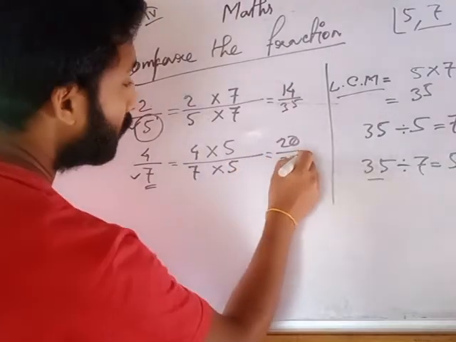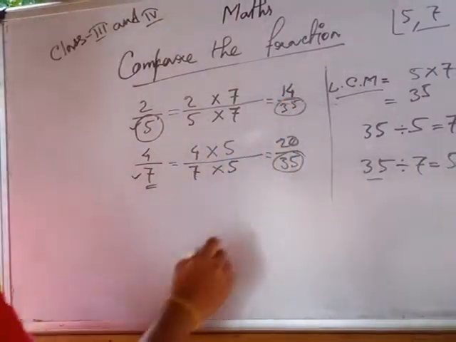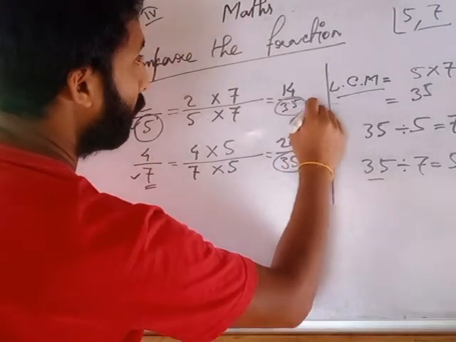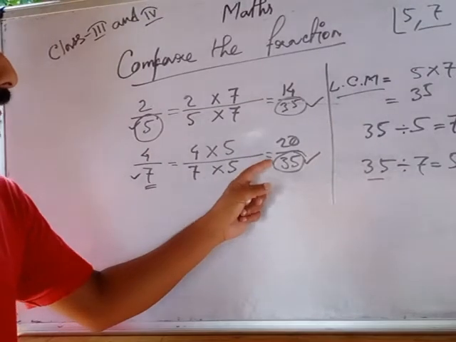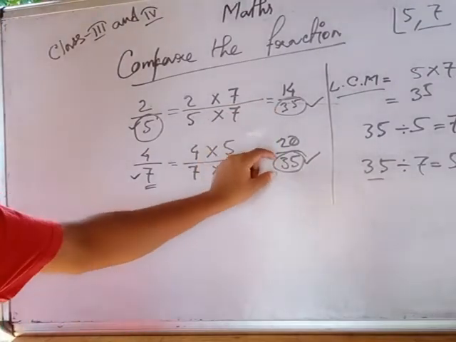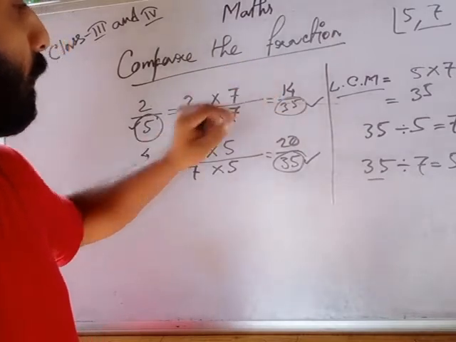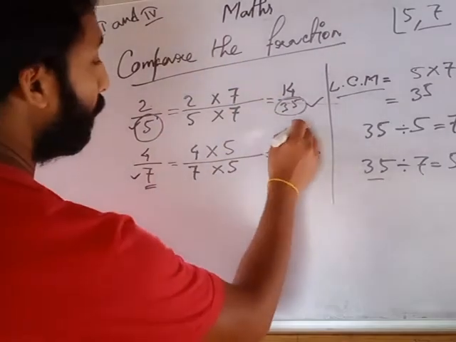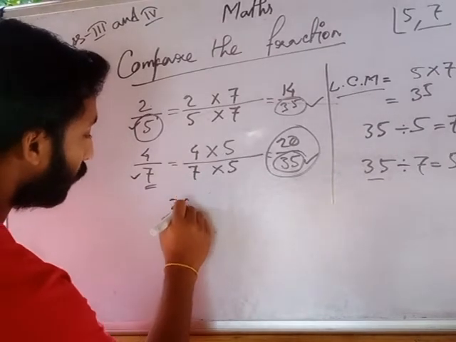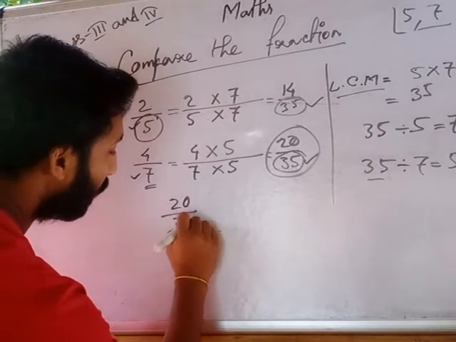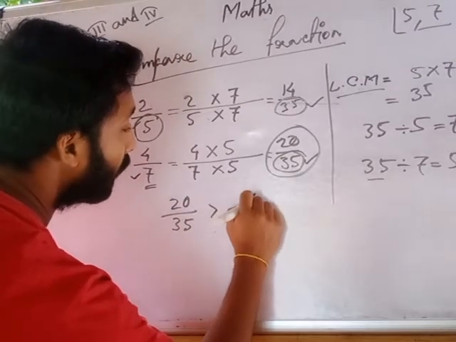Now the denominators are the same, so we compare these two fractions. Out of 35 it is 20 and out of 35 it is 14, that means 20 is the bigger number. So we write 20 by 35 first, it is greater than this one, so we put the greater than sign.